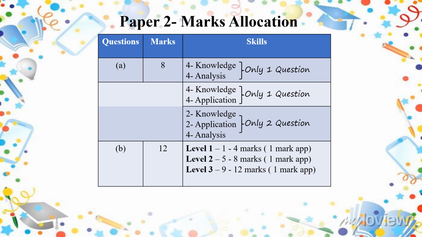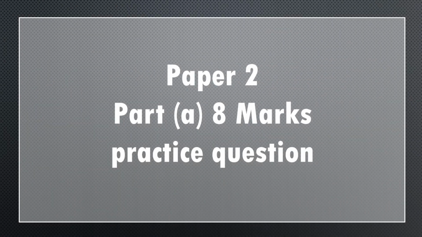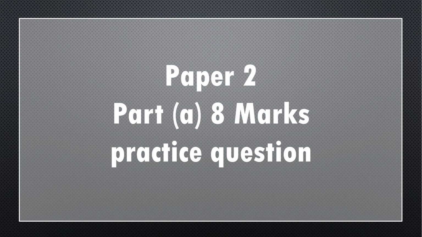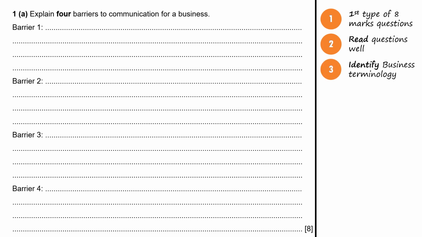Okay, let's move on to the part B questions, 8 marks question. This one is the first type of 8 marks question. You will have to read the question well, and you need to identify the business terminology, the business term.